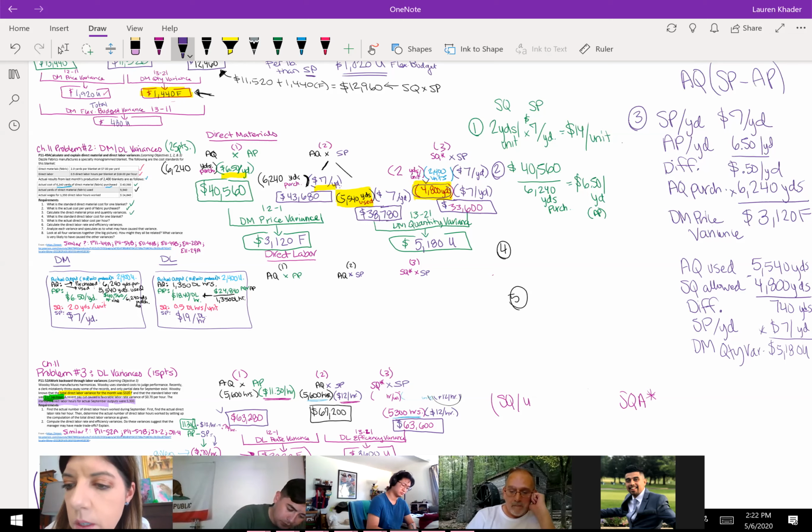And remember, this one is basically holding the standard price, subtracting AQ, actual quantity, minus SQA, which is what we are doing. I think when you're looking at the formulas, it gets quite confusing, because if you look above, that's on a per yard basis.